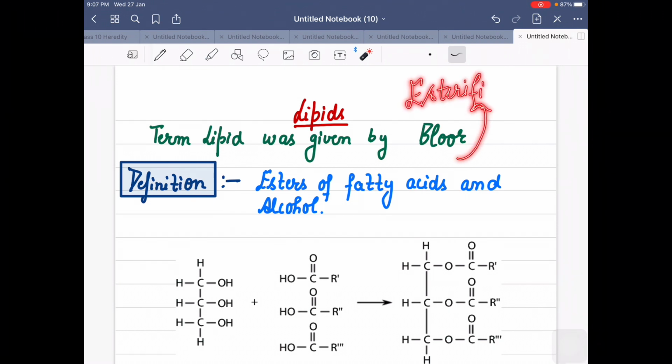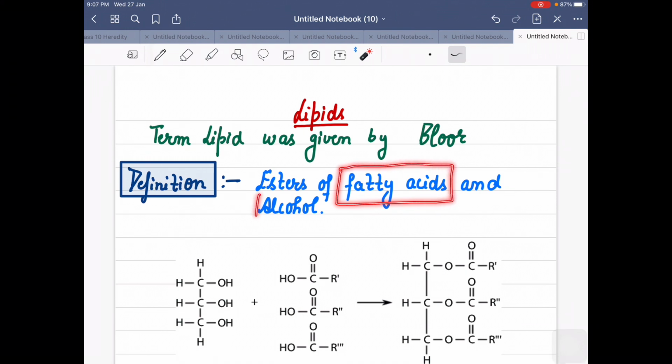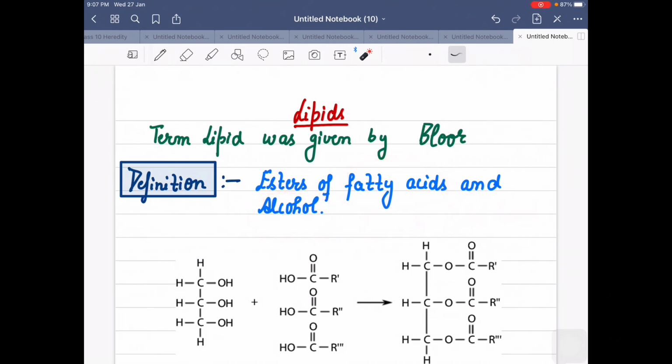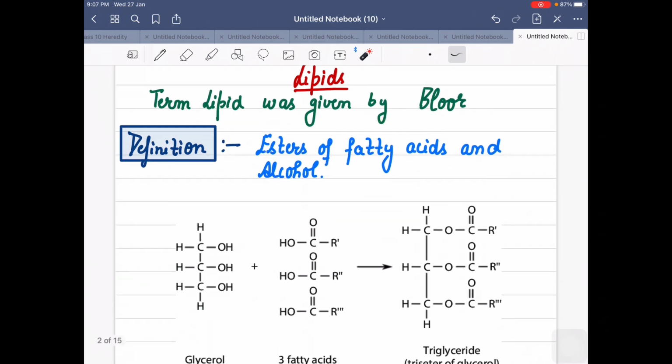It means two important components are needed to form lipids: fatty acids and alcohol. Join fatty acids plus alcohol. Which bond do you need? You need an ester bond. So your ester bond will be formed.